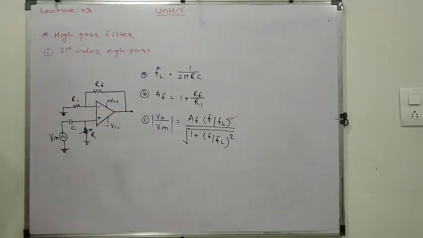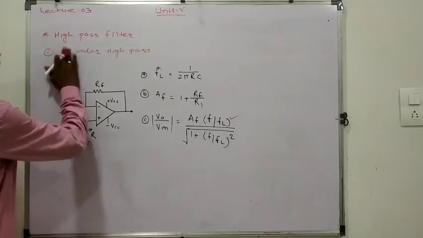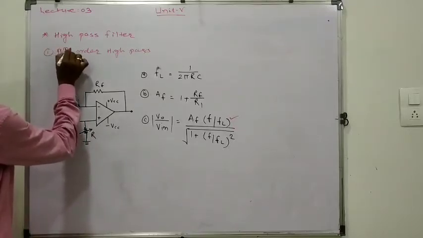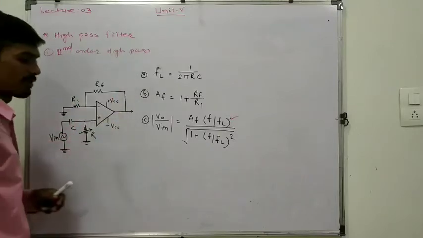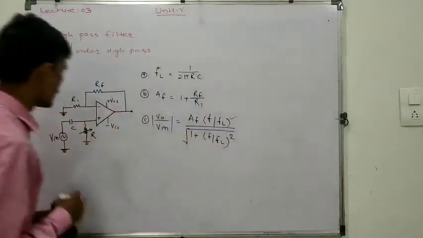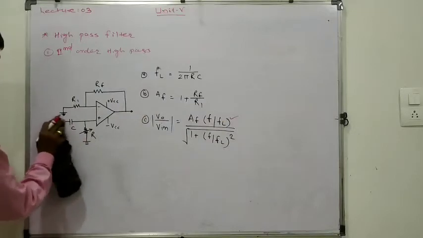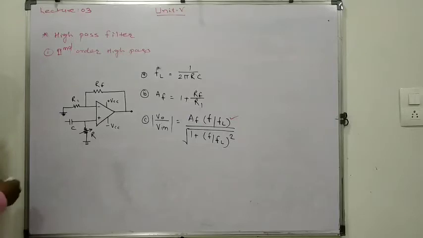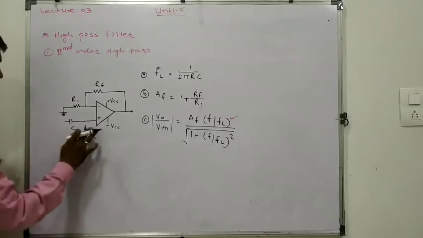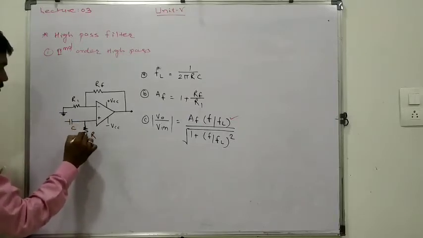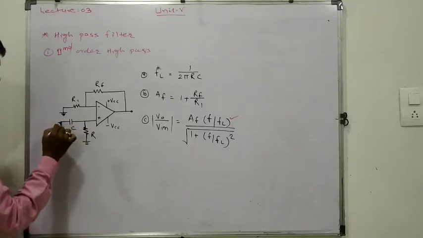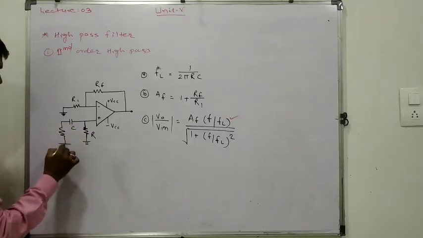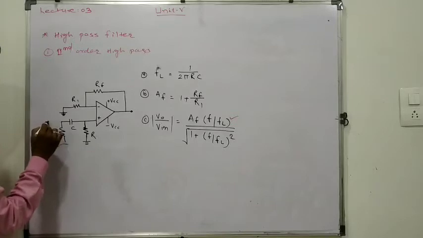Now when we go for the second order, I just change here, it is the second order high pass Butterworth filter. So we have to make some changes again. We have to add one more RC pair here.